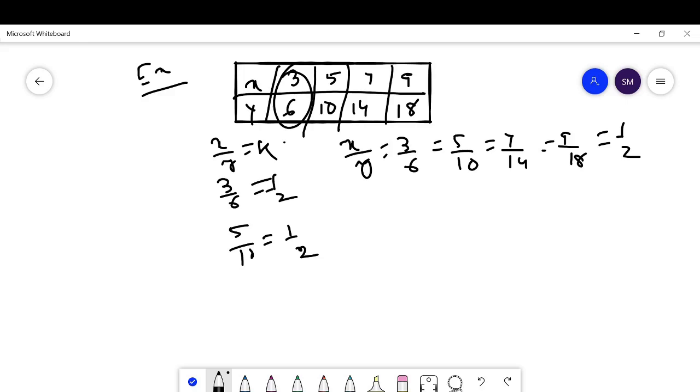Here x and y are directly proportional to each other. This is direct variation.